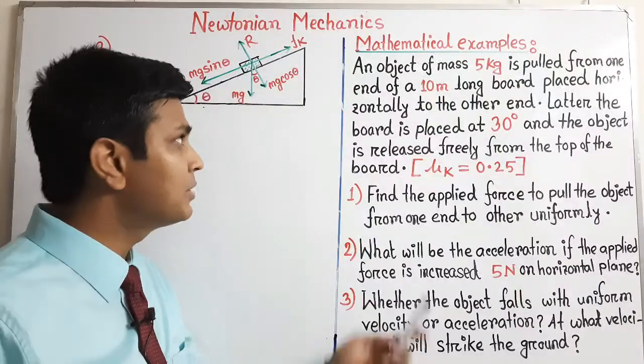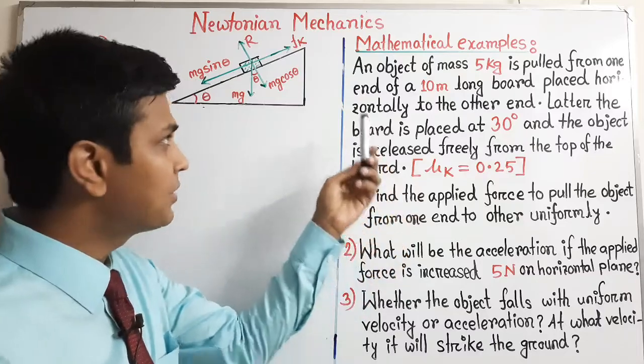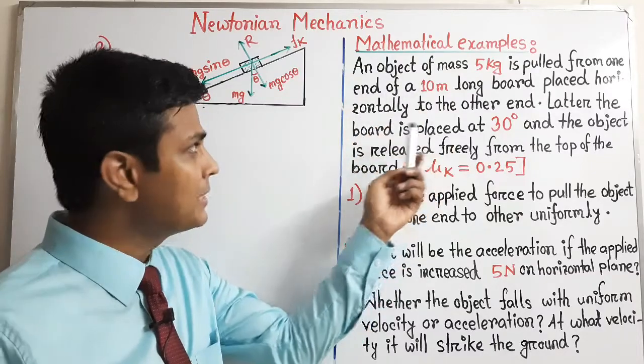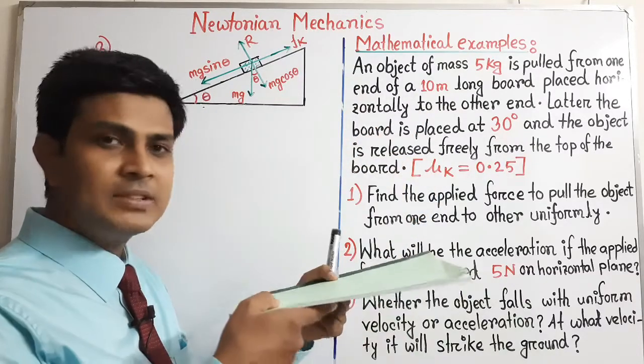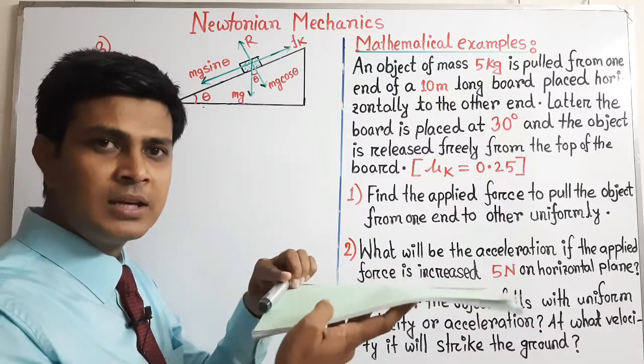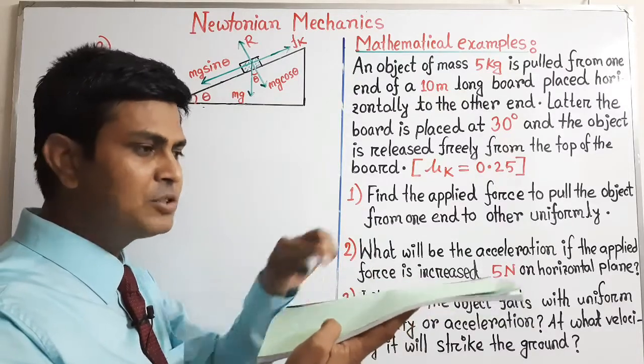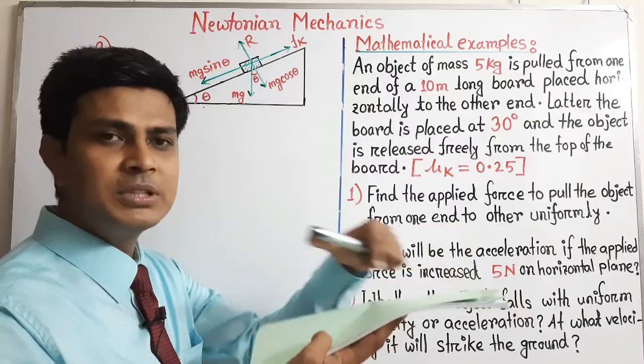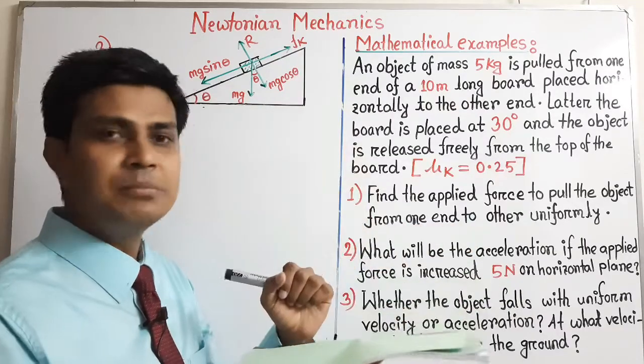Now let's observe the stem once again. In the first condition they said a board is placed horizontally. Suppose this is a plane which is placed horizontally and an object is pulled from one end to the other end, and the length of this board is given here, 10 meter.